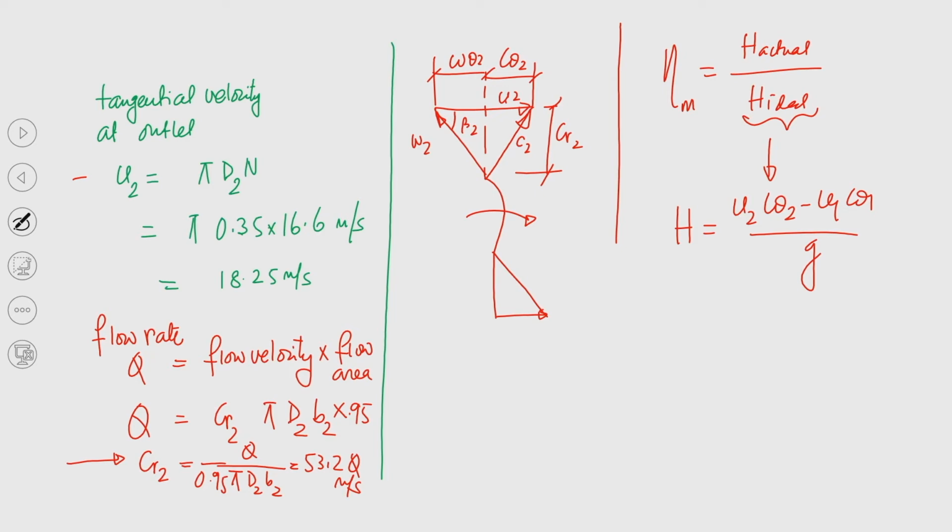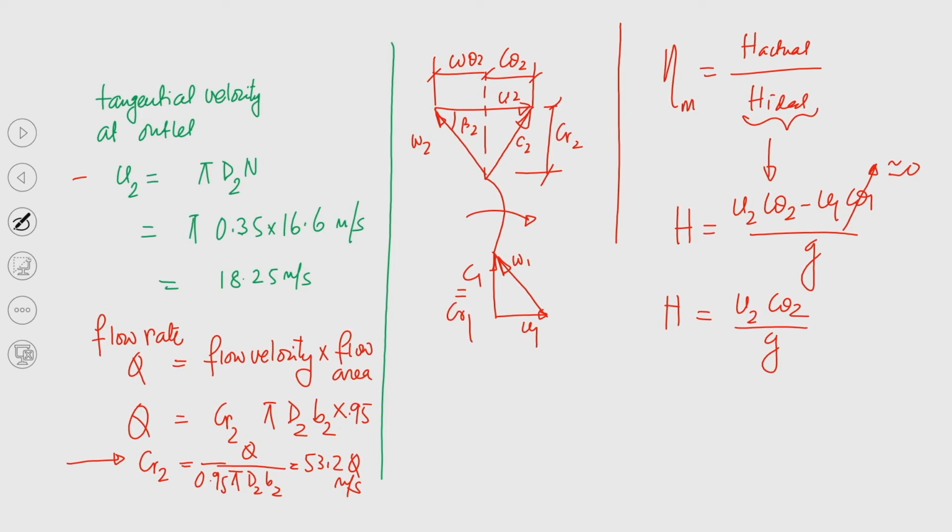So, there is no swirl component of velocity at the inlet, so this is equal to 0. So, this is C1 equal to CR1, this is U1 and this is W1. So, basically we can write it as U2 C theta 2 by g. So, that is the ideal head.